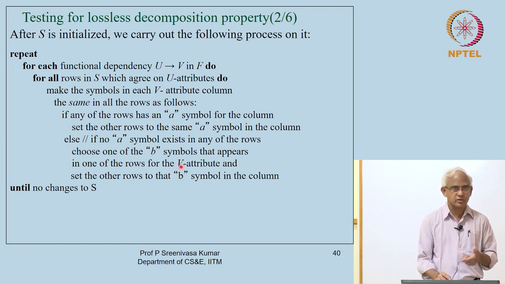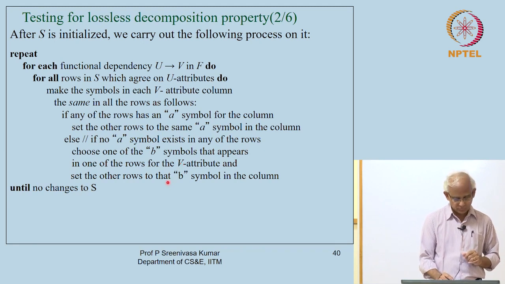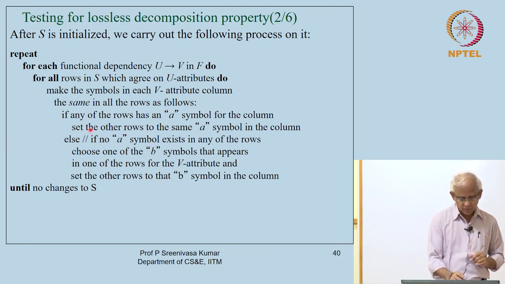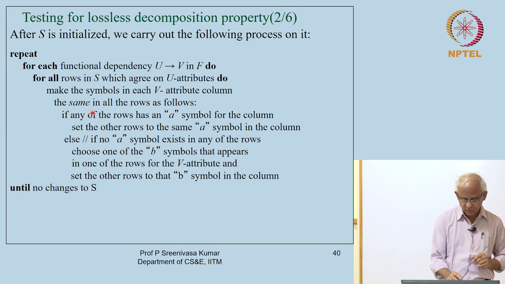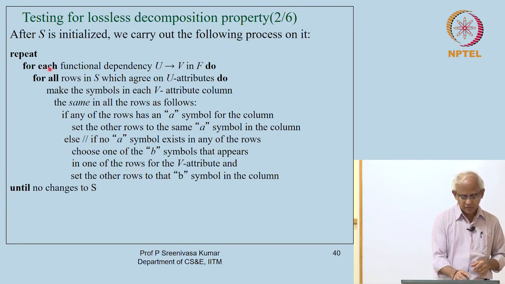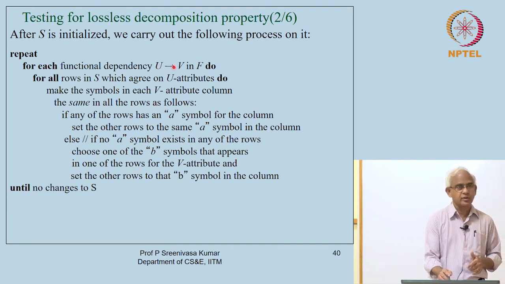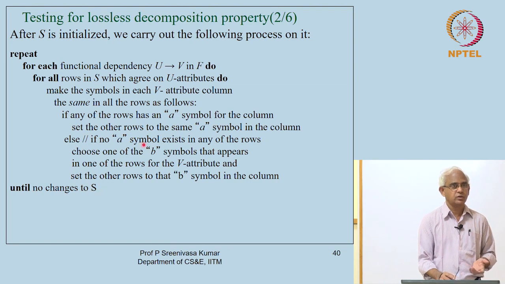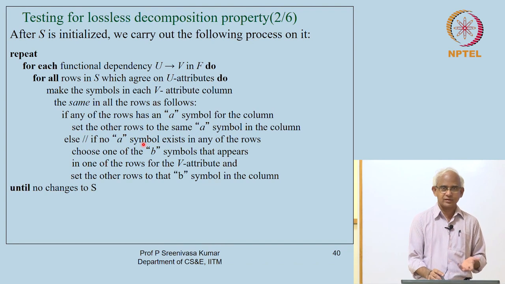There is some non-determinism here; it does not matter which B symbol you choose. You do this for each of the attributes V, then go back and take up another functional dependency U determines V and do the same thing, repeating until no changes occur to the matrix S. So, this is the algorithm.